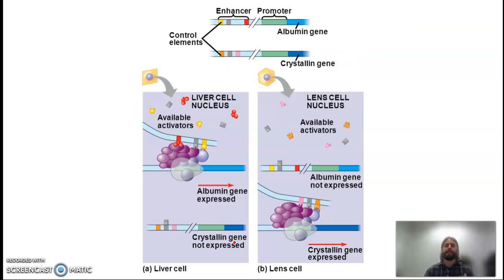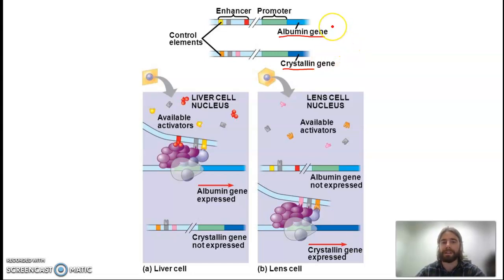Now, to give you an idea of why this is important and why enhancer regions can help further control where in the body certain transcription takes place, let's look at two examples. And so we're going to look at two genes here, an albumin gene, which is something that is necessary in the liver, and crystallin, that is important in the production of lens cells, so the creation of the lens in the eye.